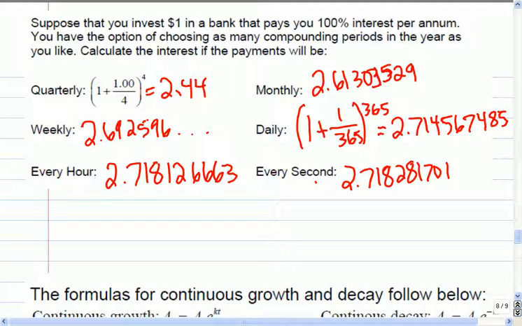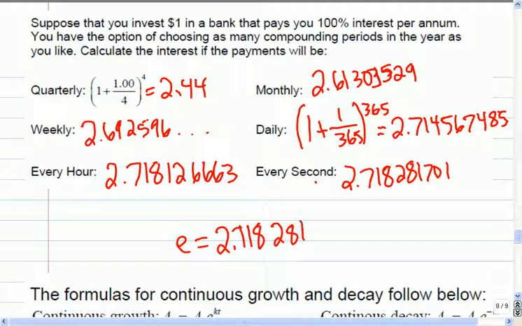And that's what we want: if we did it continuously, that would mean there'd be an infinite number of payments made in a year. And the number we would end up getting is actually Euler's number, which is on your calculators. So if you want to pull up Euler's number, my calculator doesn't give me quite 2.718281828. Whoops, that's terrible.